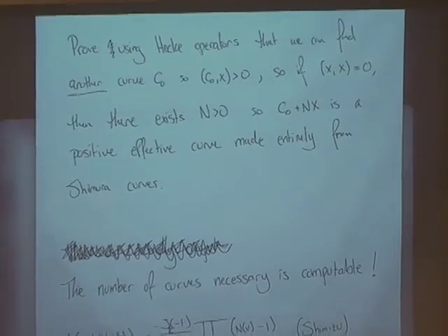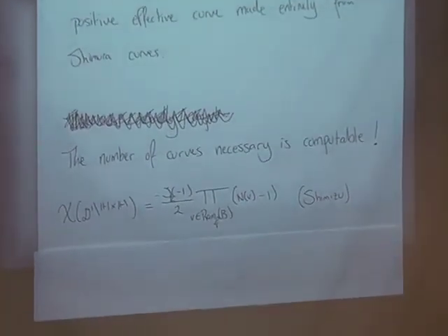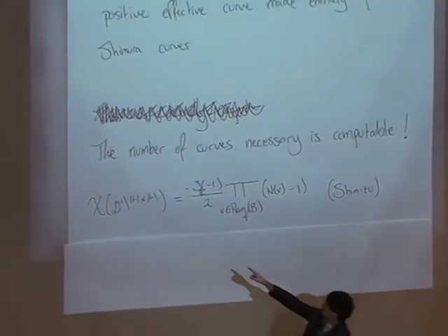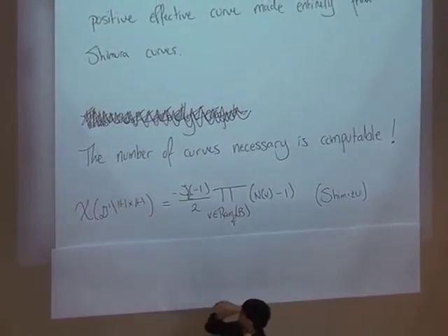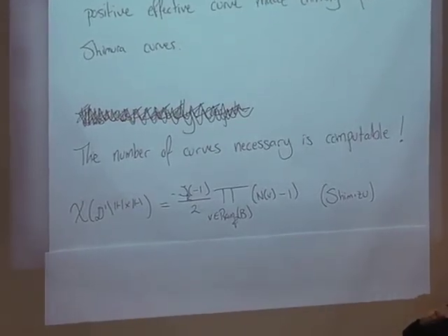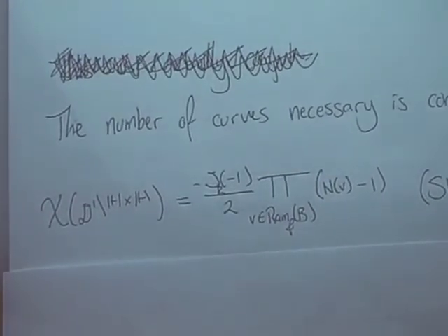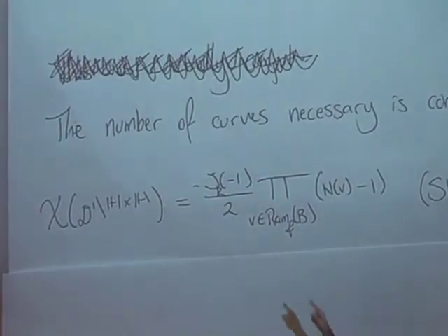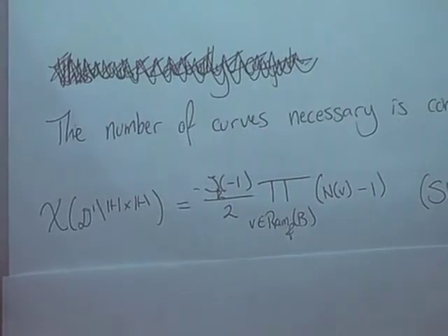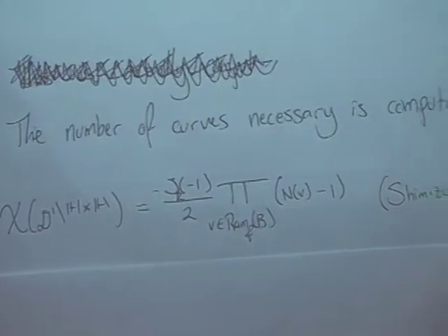So there's a formula due to Shimizu for the topological Euler characteristic of the product of upper half planes modulo the things of reduced norm 1. And remember we had this totally real field K? So it's zeta of K evaluated at -1 divided by 2 times the product of the norms of the places at which B ramifies minus 1.